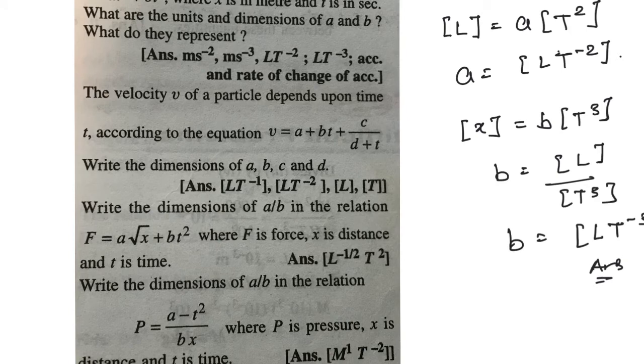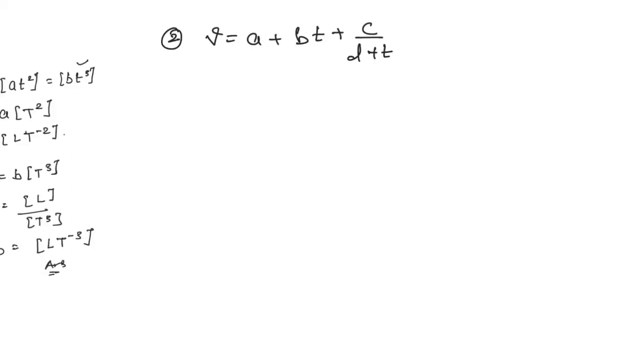Now notice, class, the velocity of a particle depends on time, and it follows the equation v equals a plus bt plus c upon d plus t. You have to write the dimensions of a, b, c, d. Okay class, in the second equation, velocity equals, so a is velocity, bt is velocity, and c upon d plus t is velocity.